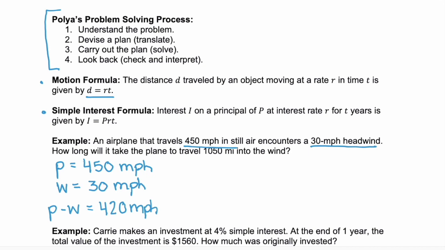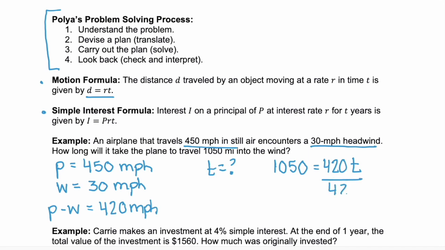And our question is, how long will it take? So we're looking for time. So how long will it take for the plane to travel 1,050 miles into the wind? Well, we know our distance, so this is a distance, rate, time problem. So our distance, 1,050, is equal to our rate, 420 miles per hour, times time.